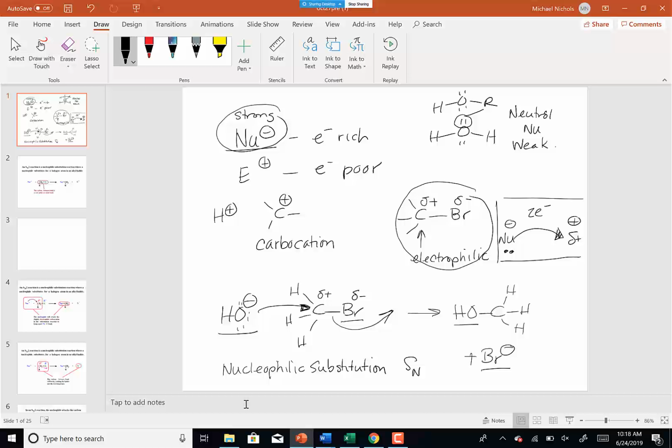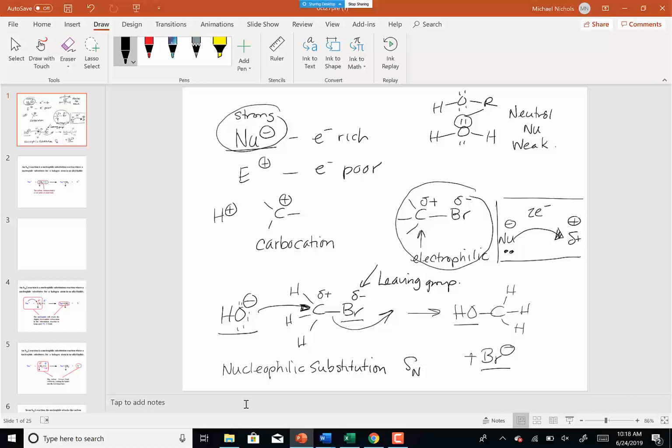And this is the simplest type of substitution that we can have with a nucleophile. So the nucleophile has to react with a carbon that has something that can leave attached to it. And so there's one other term I'm going to add, and that is this group that's leaving is called the leaving group.